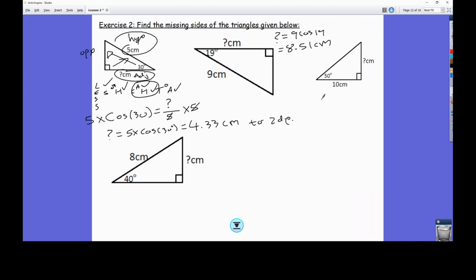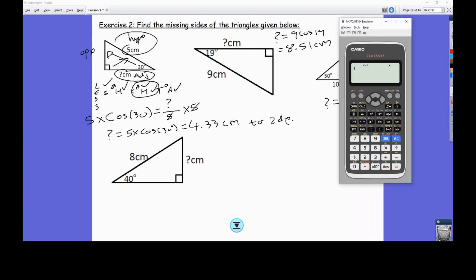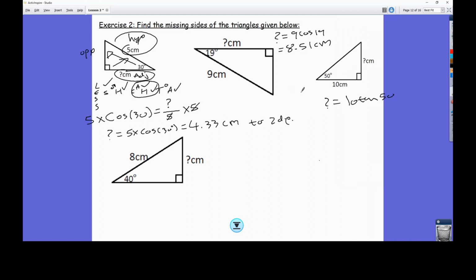I get the opposite equals 10 tan 50, which is 11.92.